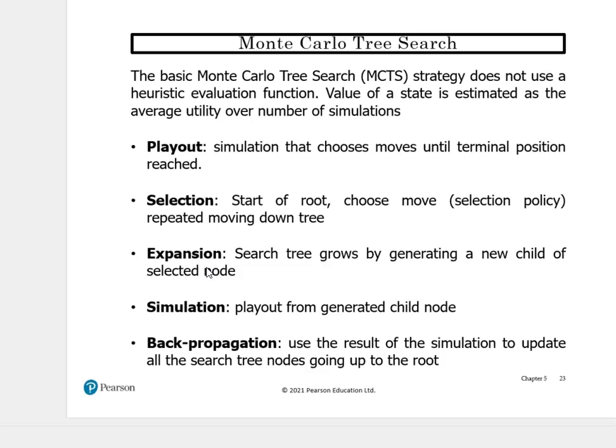Now, how do we choose the moves to make during this simulation? If we just choose randomly, then after multiple simulations, we get an answer to the question: what are the best moves if both players play randomly? To get useful information from the playout, we need a playout policy.